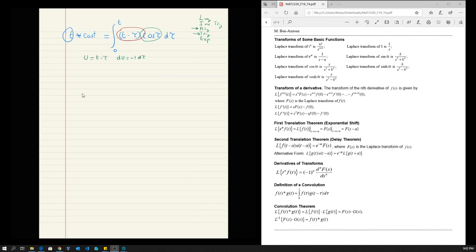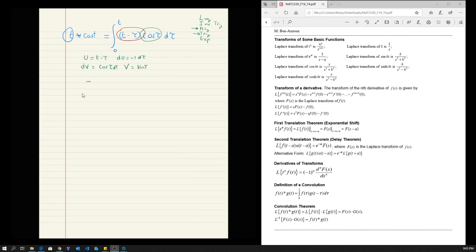T is treated like it's a constant. And then dv is going to be cosine tau d tau. The antiderivative of that, v, would be sine tau.